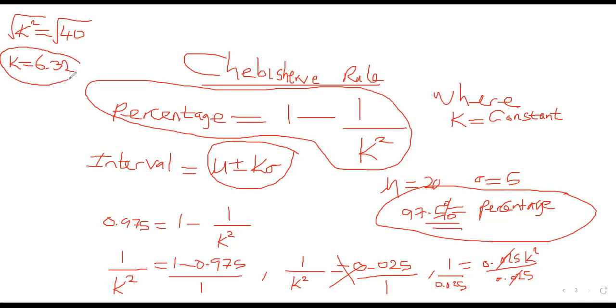But in other books, in other questions, the examiner will give you a percentage whereby as you find your K, it will give you the exact amount. You've seen that?